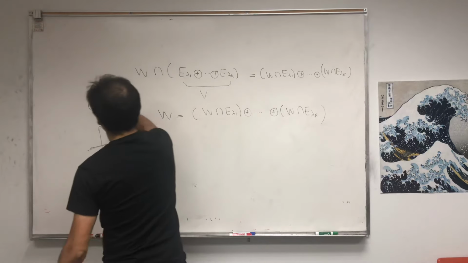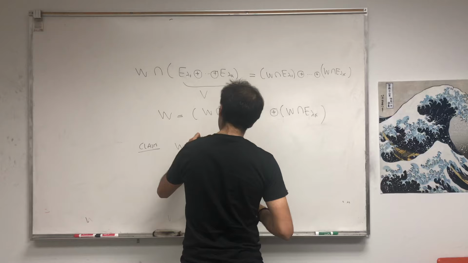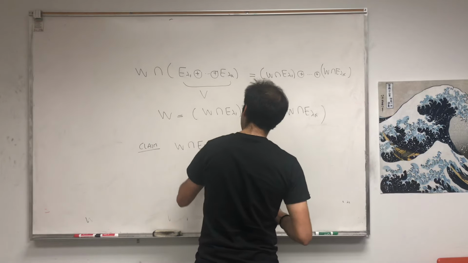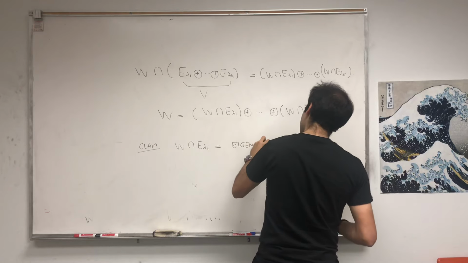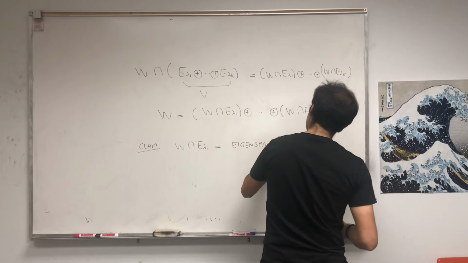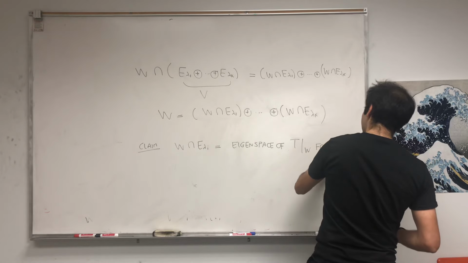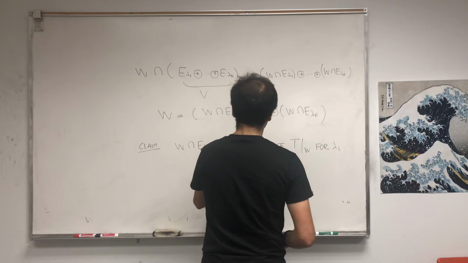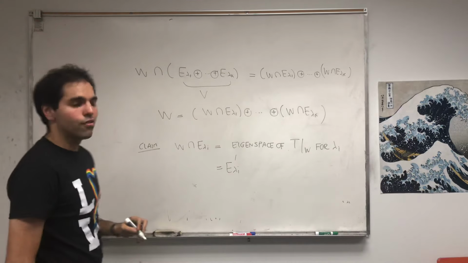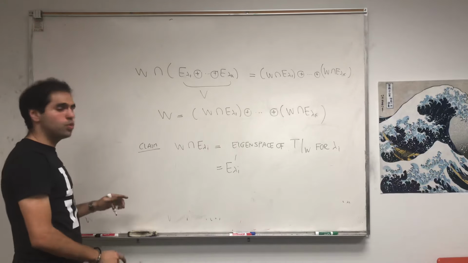All right, and claim, so now W intersect E of lambda i is the eigenspace of T restricted to W for lambda i. So if you want E of lambda i prime, where this prime means for the restriction. And it's not too hard to show.